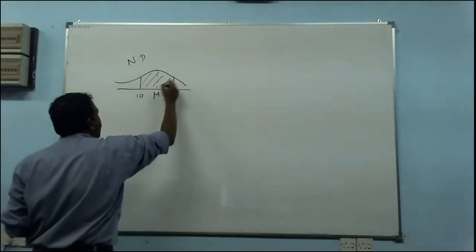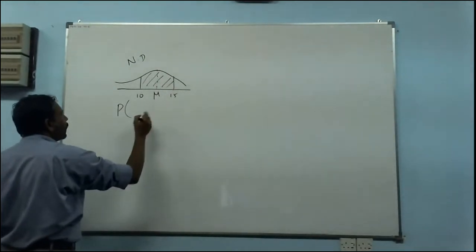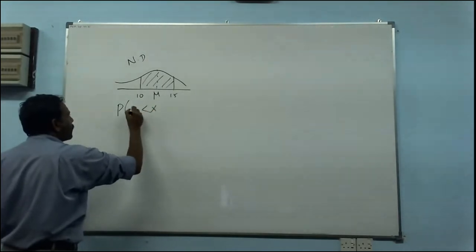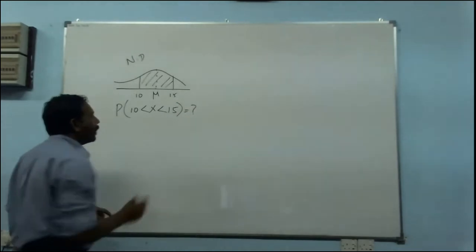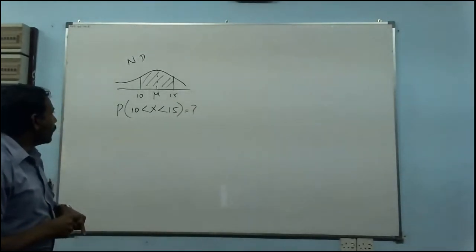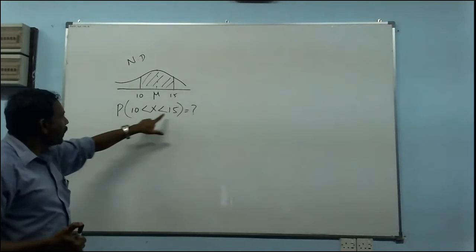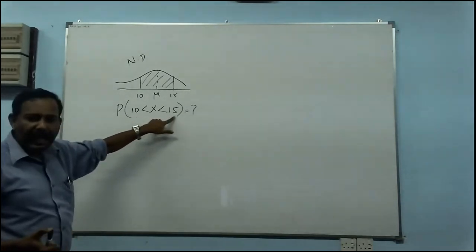I want to find out the probability of X being between 10 and 15. What is the probability of X having a value between 10 and 15?